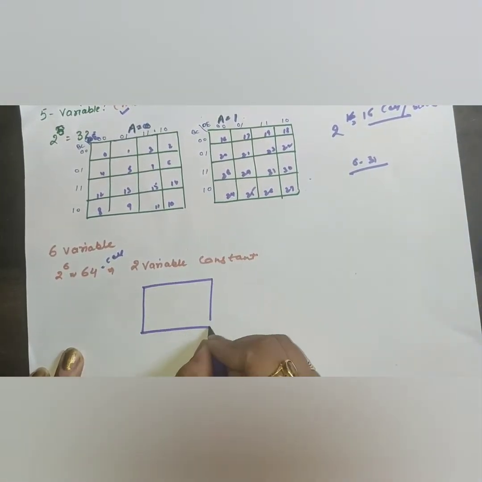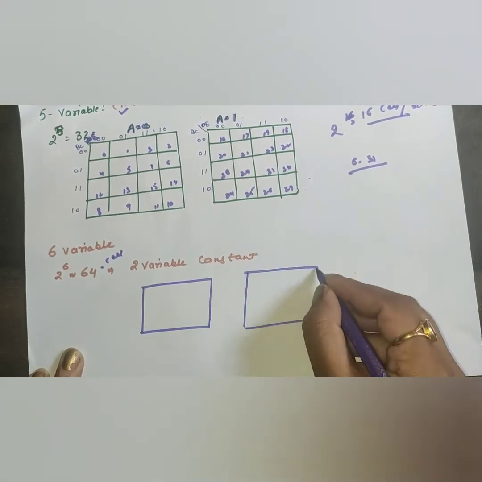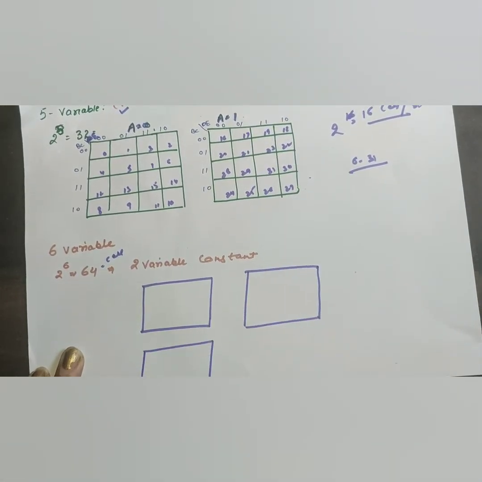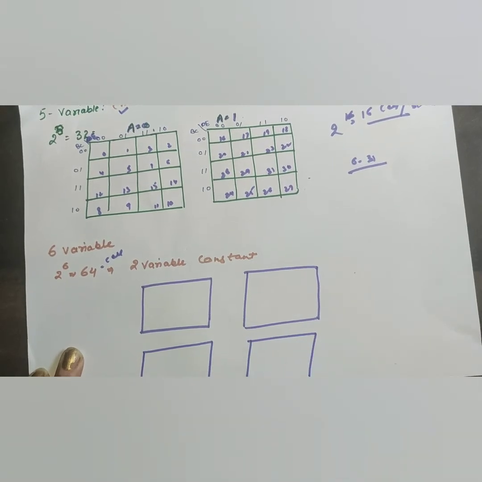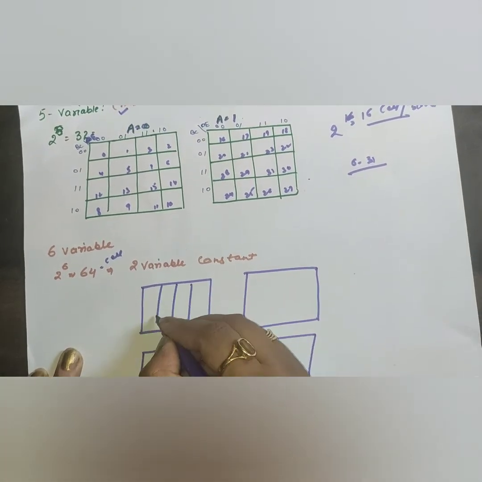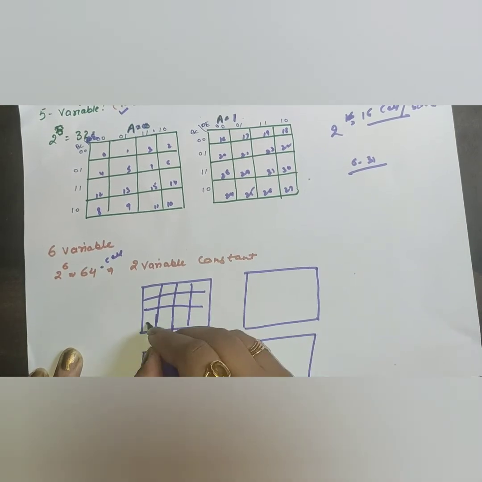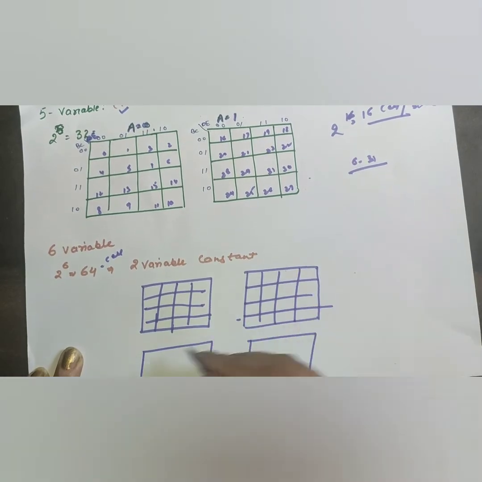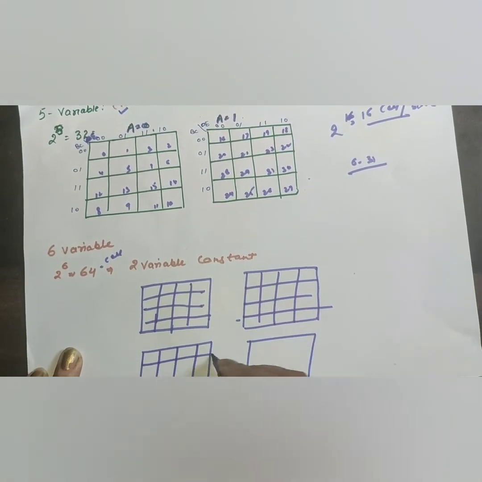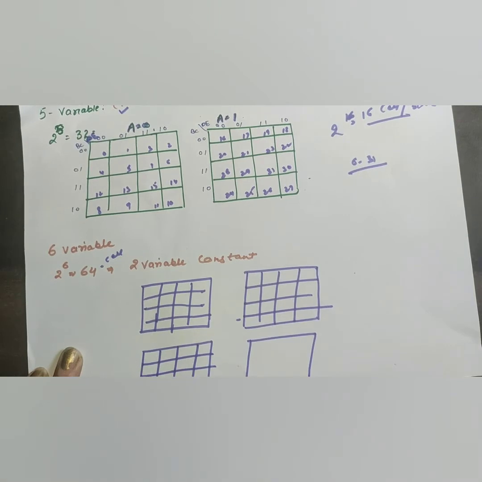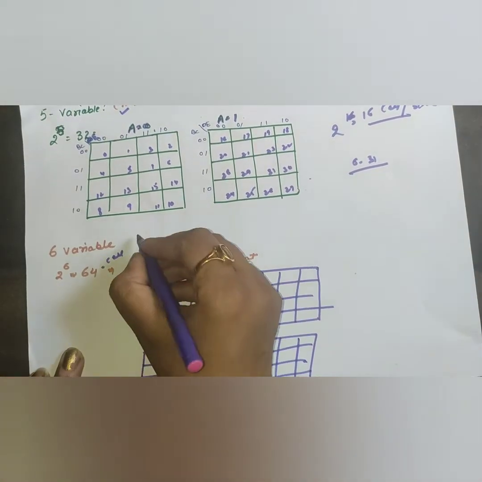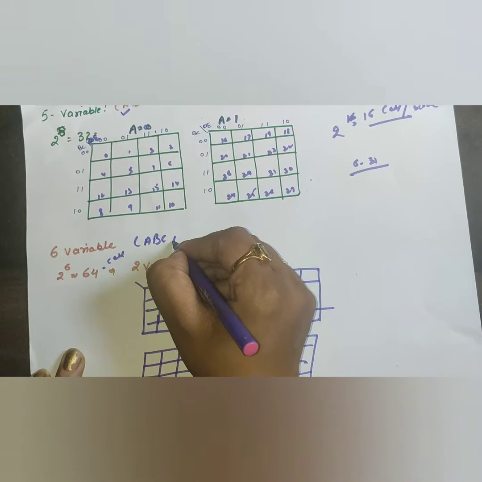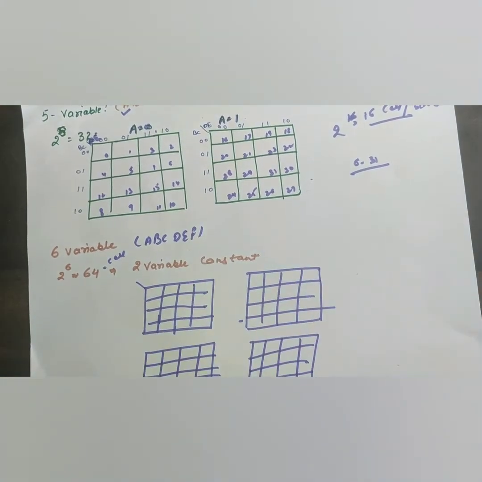So we take four 16-cell K-maps, like this, 16 cells in each. Now let's suppose 6 variables A, B, C, D, E, F are there.